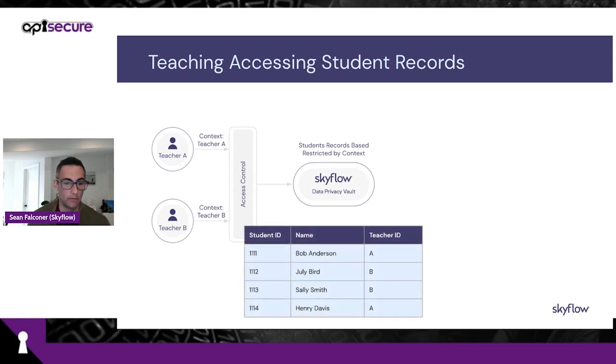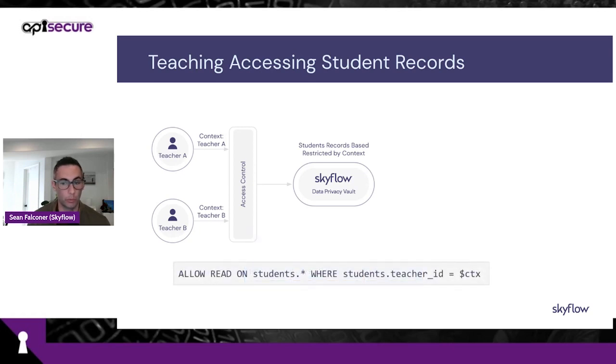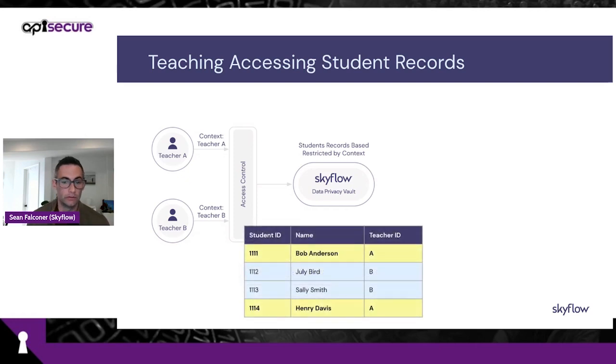So imagine we have a bunch of student records within the vault like this, and we have some association of teacher ID. Then what we want to be able to do is have a policy where we're restricting access to the student records based on the teacher ID and the contextual value that's passed in. So in this case, teacher A can only access Bob Anderson and Henry Davis's records, and teacher B can access Julie Bird and Sally Smith's records.